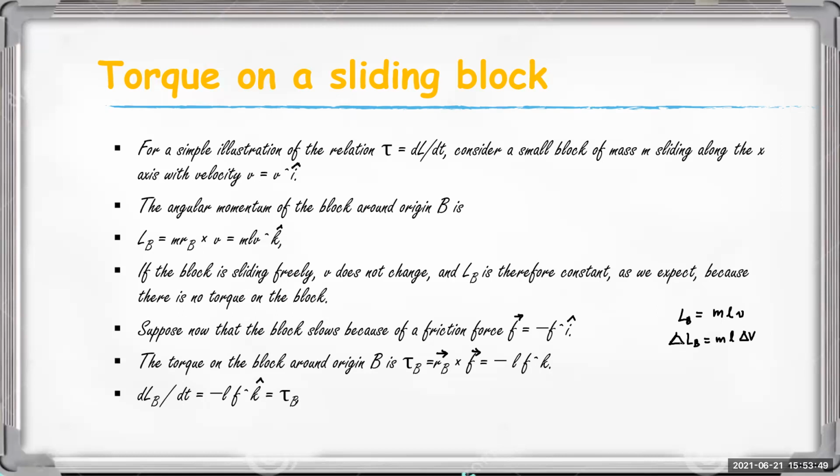To find dl by dt, we divide it by delta t. Then dLb by dt is equal to the limit of this quantity, as delta t tends to 0, m L delta v by delta t.